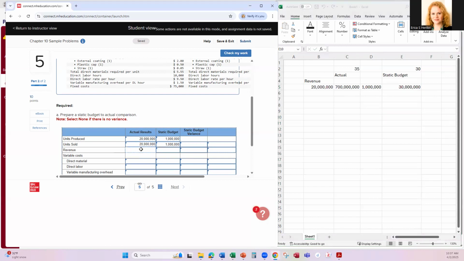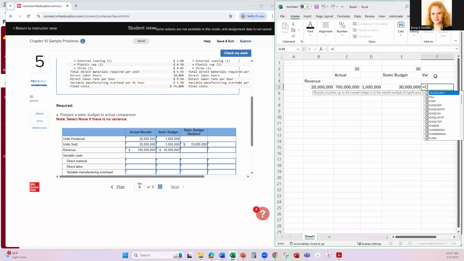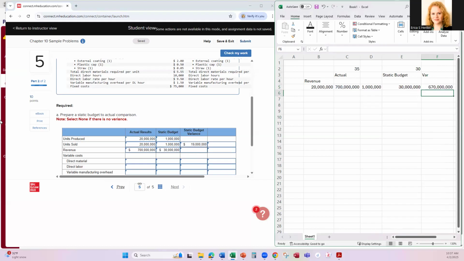All right, so our static budget variance here is the difference between our actual and what we originally budgeted. Here we have a difference in units of 19 million, and that gets us to a revenue variance of 670 million.